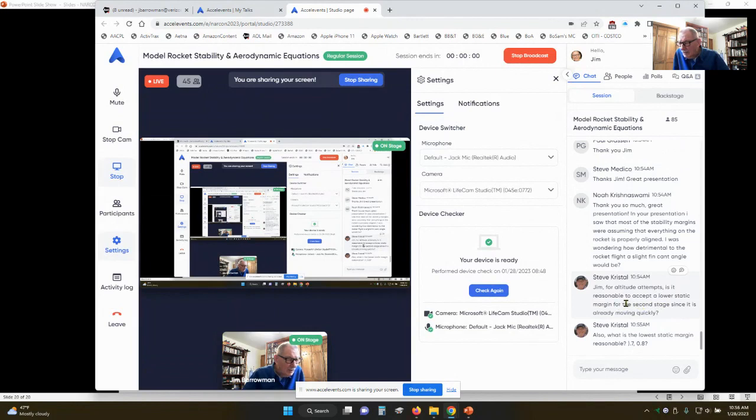A lower static margin for the second stage: it's really not the velocity that matters, it's the shape of the rocket. So even though you're moving quickly, as I showed, the center of pressure is a function of the shape, not a function of the speed.